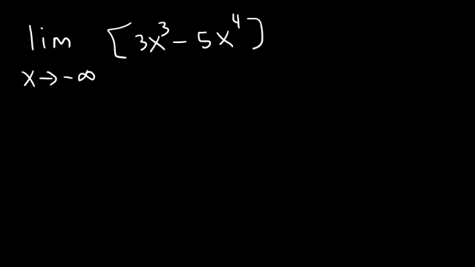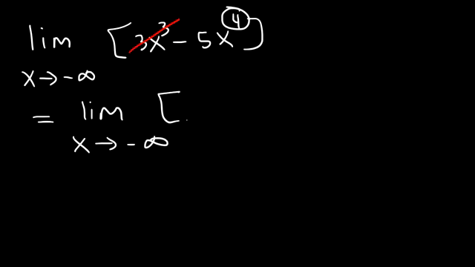Here's another one you could try. What is the limit as x approaches negative infinity of 3x cubed minus 5x to the fourth? Now 3x cubed is insignificant compared to 5x to the fourth. This has a higher degree. So this expression is equivalent to the limit as x approaches negative infinity of negative 5x to the fourth.